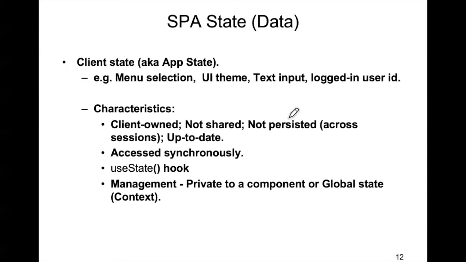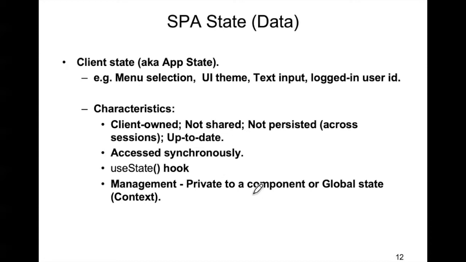So there is no persistence of our client state data, which there typically isn't anyway. Secondly, in terms of accessing our client state, we access it synchronously because it's local to the browser. So that would make sense. It's a quick response when we try to access client state. And in the case of React, we would store client state using the useState hook.